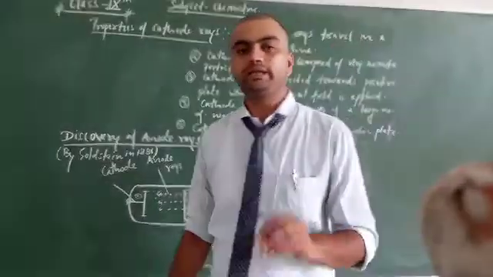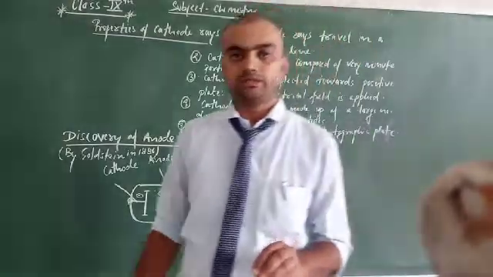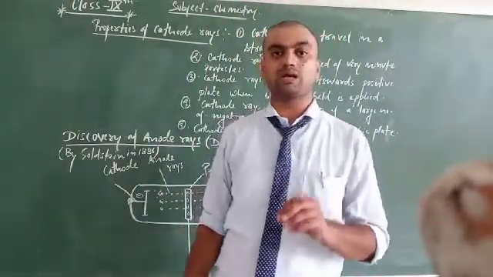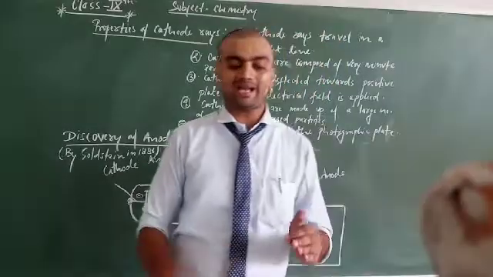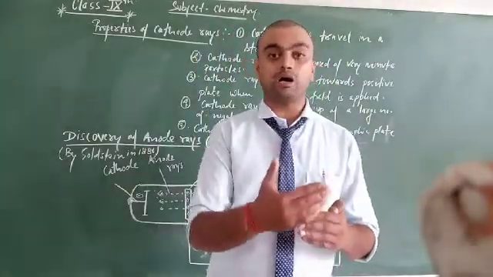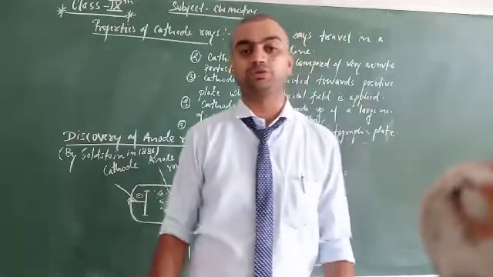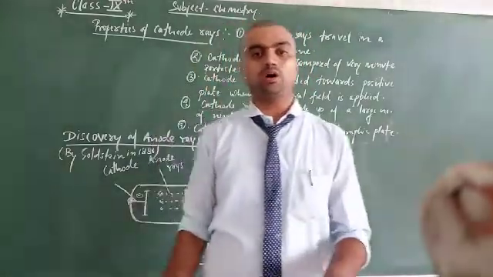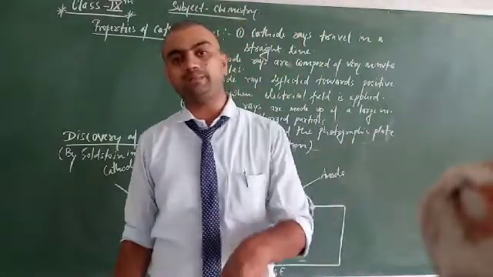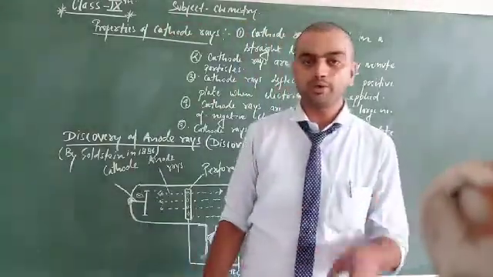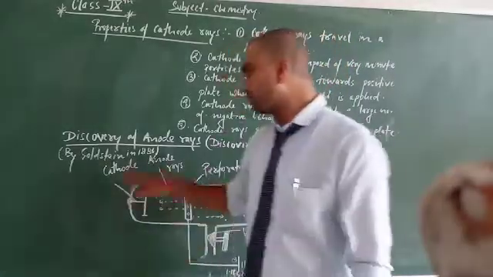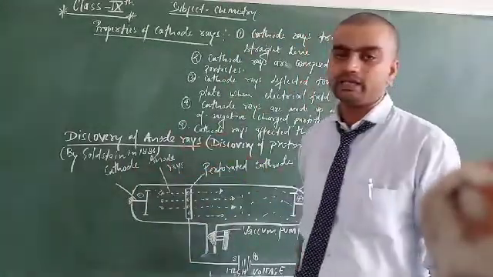He said in 1886 that another type of rays is also present when electric current is passed inside the discharge tube, and during the origination of the cathode rays, at the same time anode rays are also produced. This was the concept given by Goldstein in 1886.